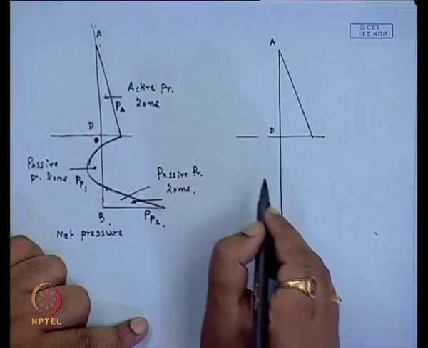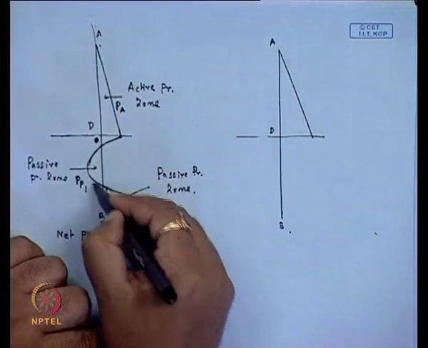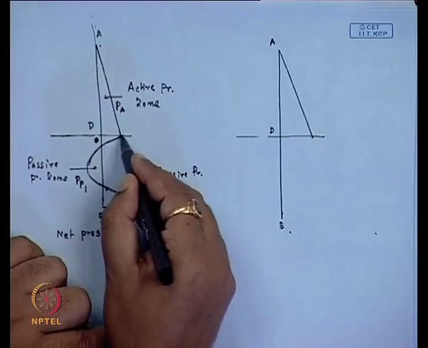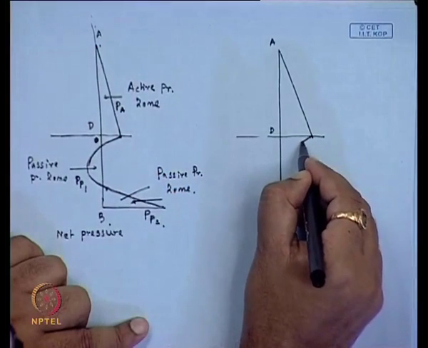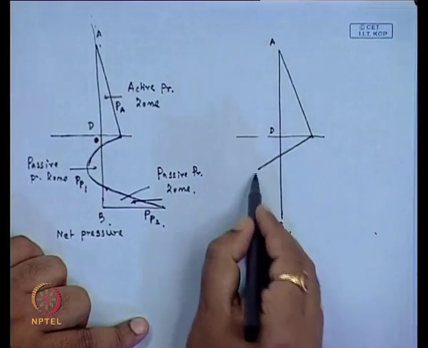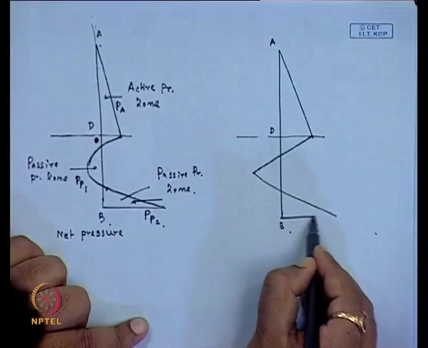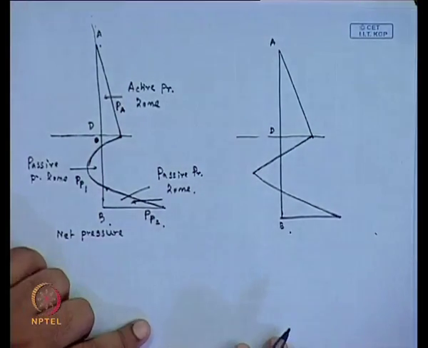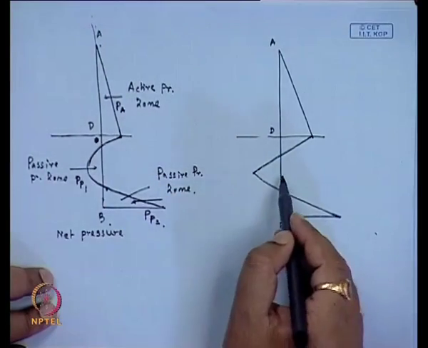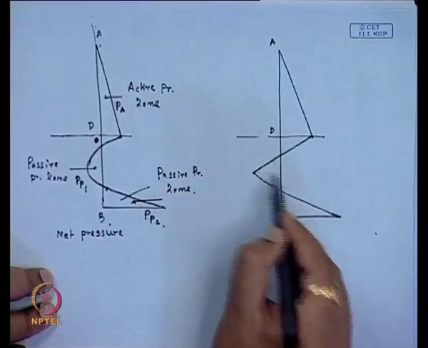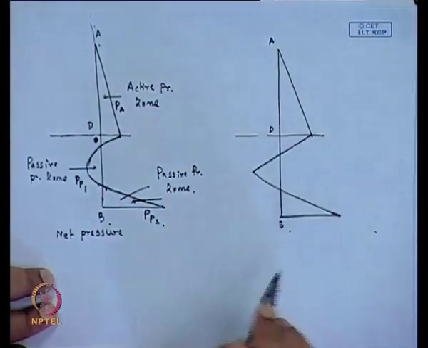pressure zone. Then instead of taking this nonlinear variation, we take a linear type of variation. So the same net pressure diagram is represented in this form, where it crosses at the same 2 points, but it is in linear form.